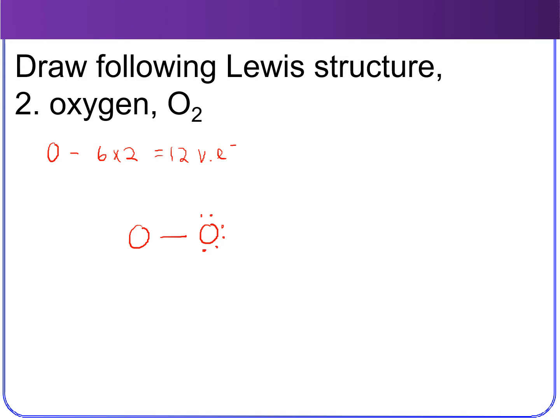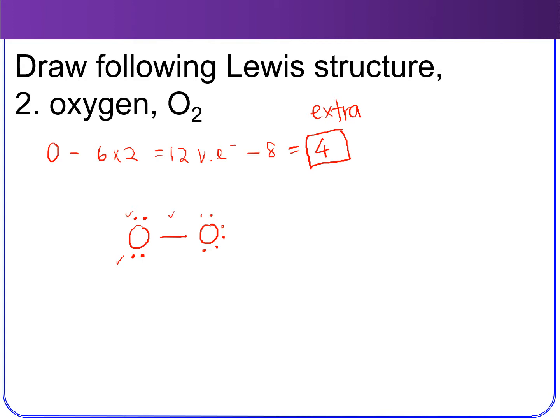Ensure that the terminal atom is octet. Now this terminal atom has 8 electrons, so we have an extra 4 electrons. These extra 4 electrons we place at the central atom. When we check here, the central atom only has 2, 4, 6 electrons. So what are we going to do?